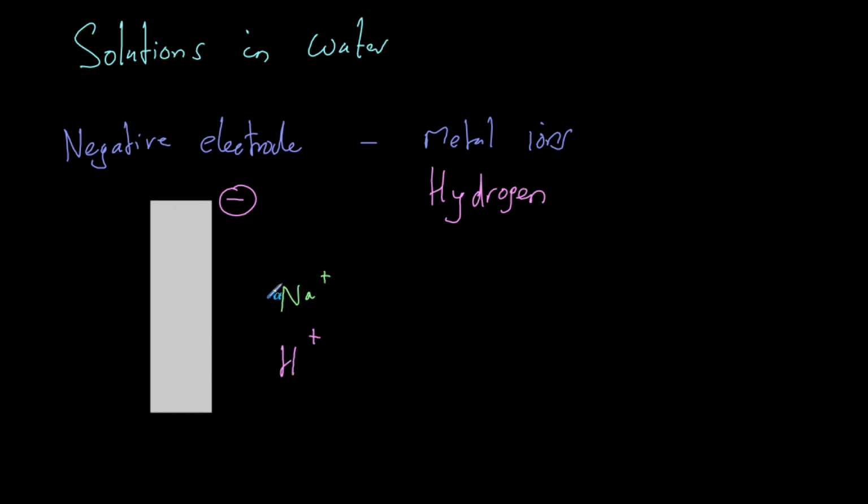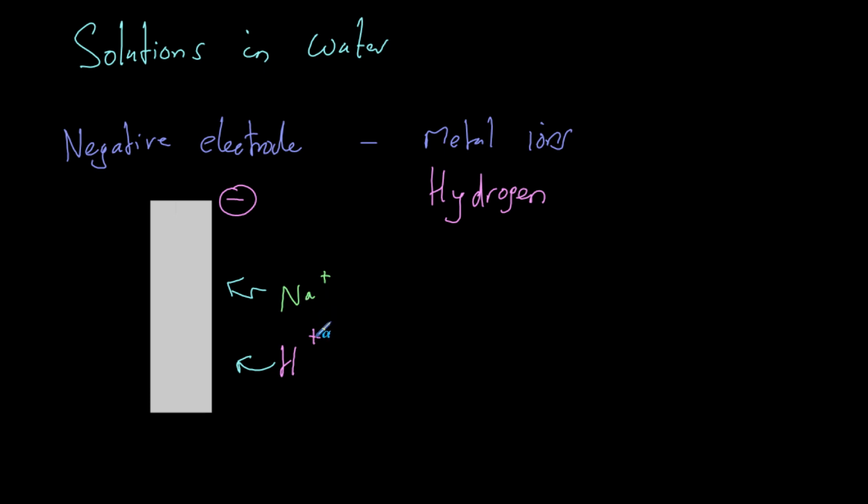Both of these want to travel towards the negative electrode. But which one is going to get the electrons from the negative electrode? Well, it depends on reactivity, and in general the less reactive is going to win.